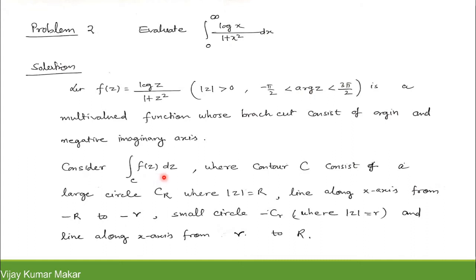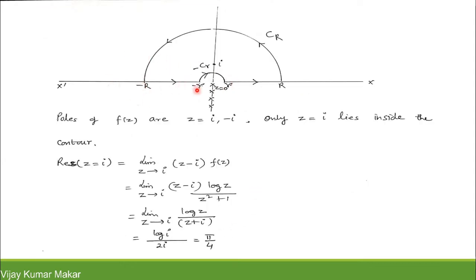Consider this integration and we take a contour C consisting of a large circle CR where mod z equal to capital R, a line along the x-axis from minus capital R to minus small r, then a small circle minus cr, and then along the x-axis from small r to capital R, according to this diagram, and this is our branch cut. So we integrate first along CR, then from minus R to minus small r, then minus small cr, and then from small r to capital R.